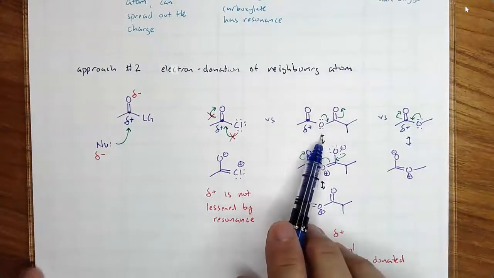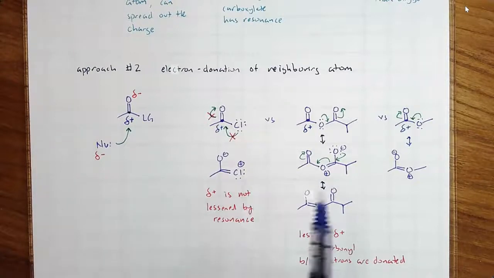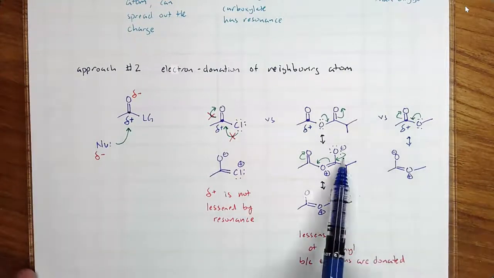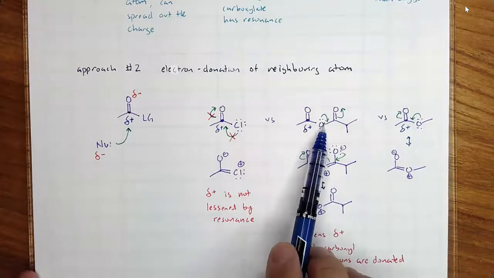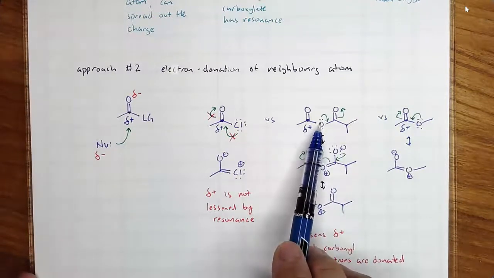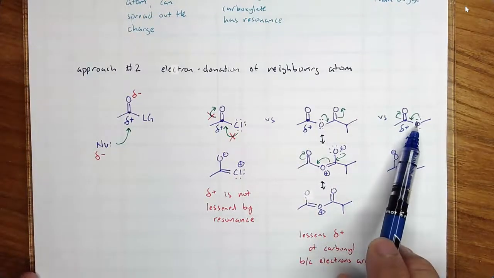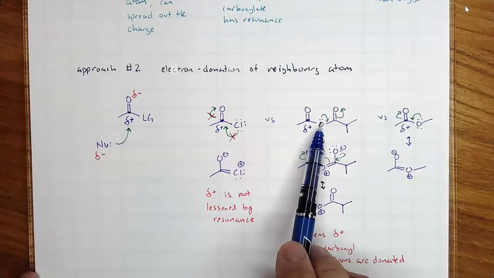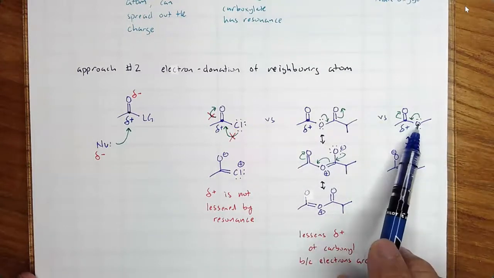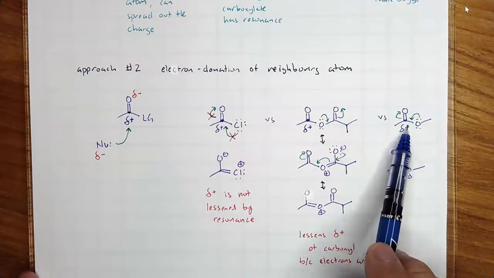As compared to the anhydride, where a third of the resonance structures have electron donation to the right, to make this resonance structure here. So think about what's going on with these two electrons versus these two electrons. These two electrons are being shared on both sides, but this lone pair is being shared only to this side.